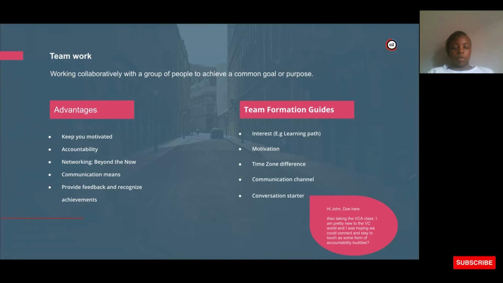There are some questions I'm trying to skip because we've answered them severally. Someone says, will there be corrections for assignments given? If that person means scoring or sharing your results with you after you've done an assessment, yes, that will happen. Of course, we're going to check through the assessments and give you all that feedback.